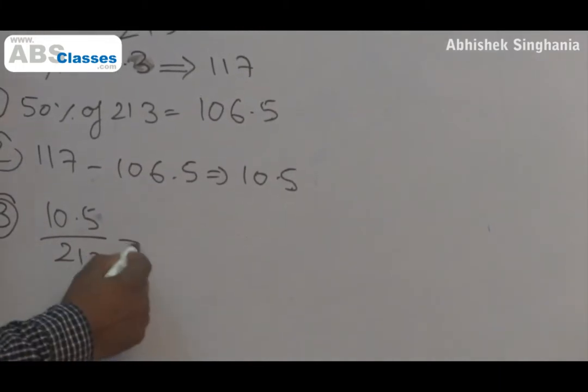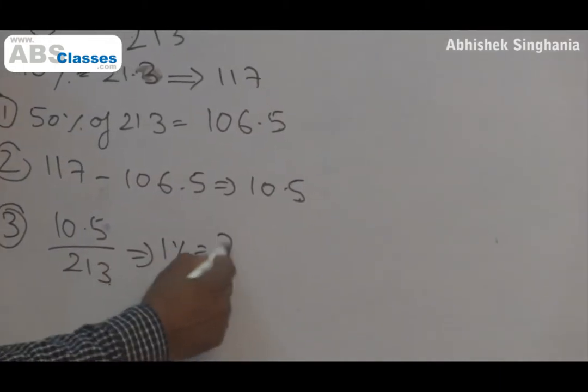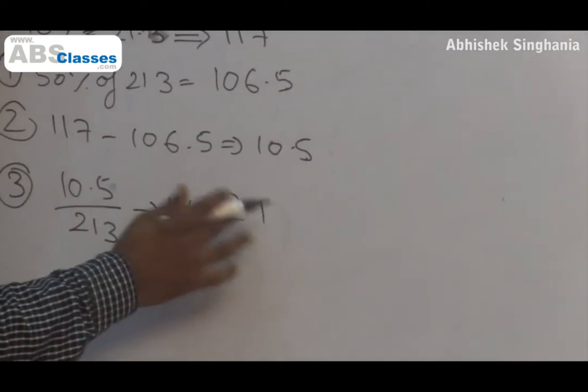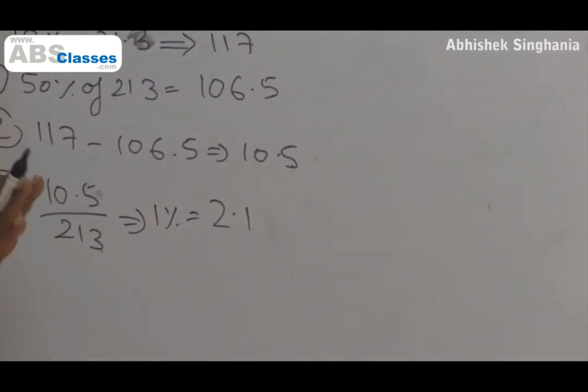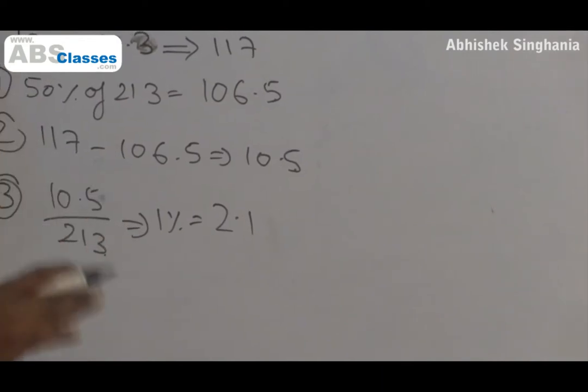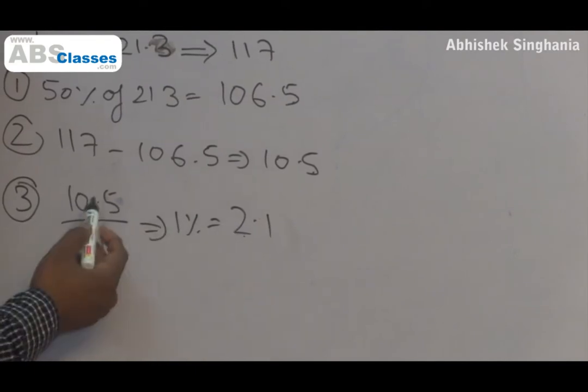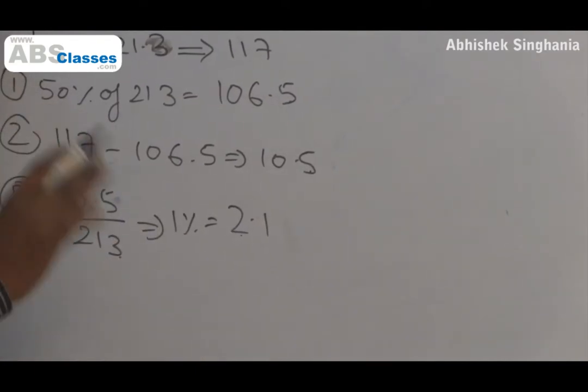How do we go about it? We go to 1%. So 1% is equal to 2.13. Let's take it as 2.1. We normally stick to one place after the decimal. That is the kind of approximation you can make very easily. Round it off to the nearest number. So 2.1 will go inside 10.5 exactly 5 times.